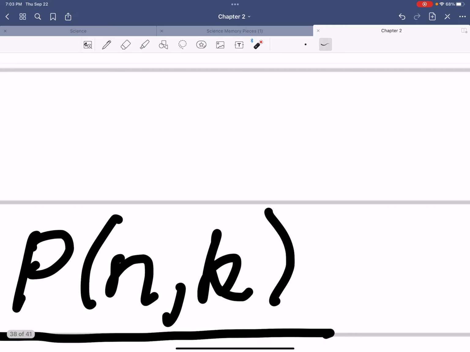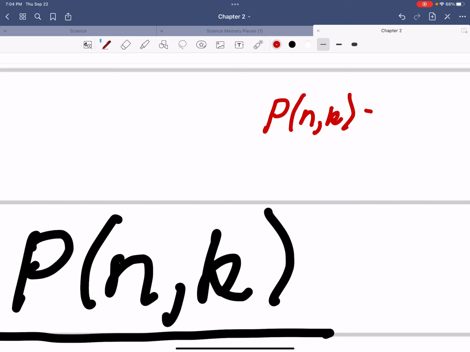In this lesson, when we've had to find permutations, we've used a formula, right? We said the permutation of n k is n factorial over n minus k factorial. We've been using that formula all along in this lesson.